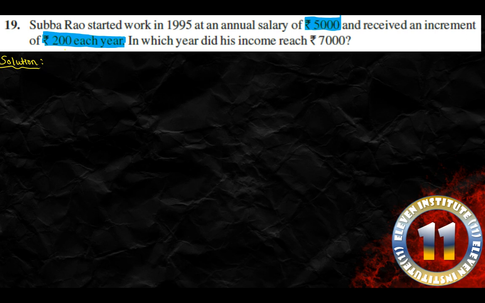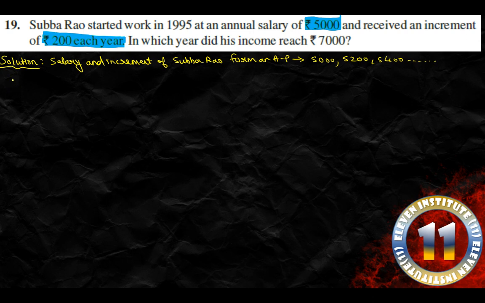But before that, we will write over here: salary and increment of Subbarao form an arithmetic progression, which is like this: 5,000, then 5,200, then 5,400, and so on.